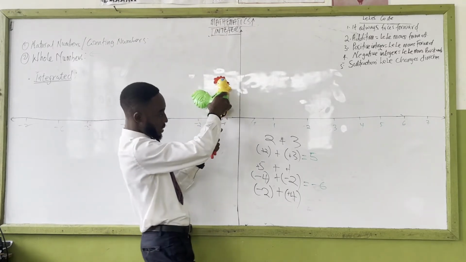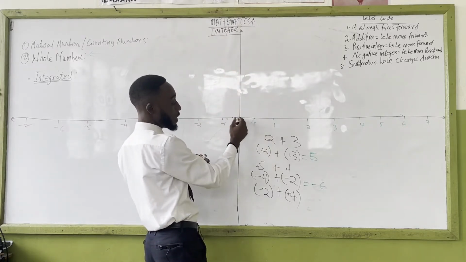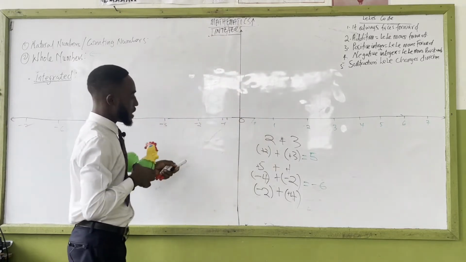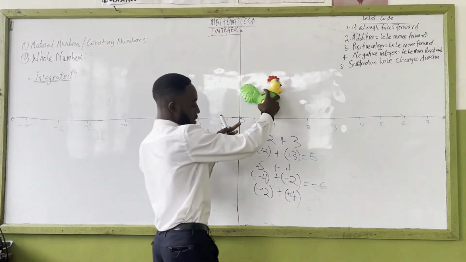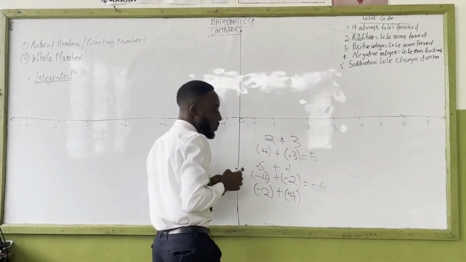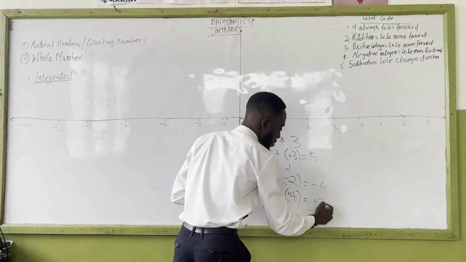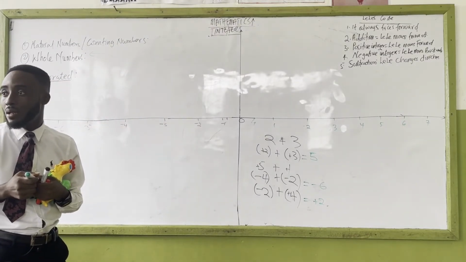So 1, it goes to 0. 0 is here, don't forget that one. So Lele is here. So it goes 1, 2, 3, 4. So it's landing on what? Positive 2. So simple. Any other?